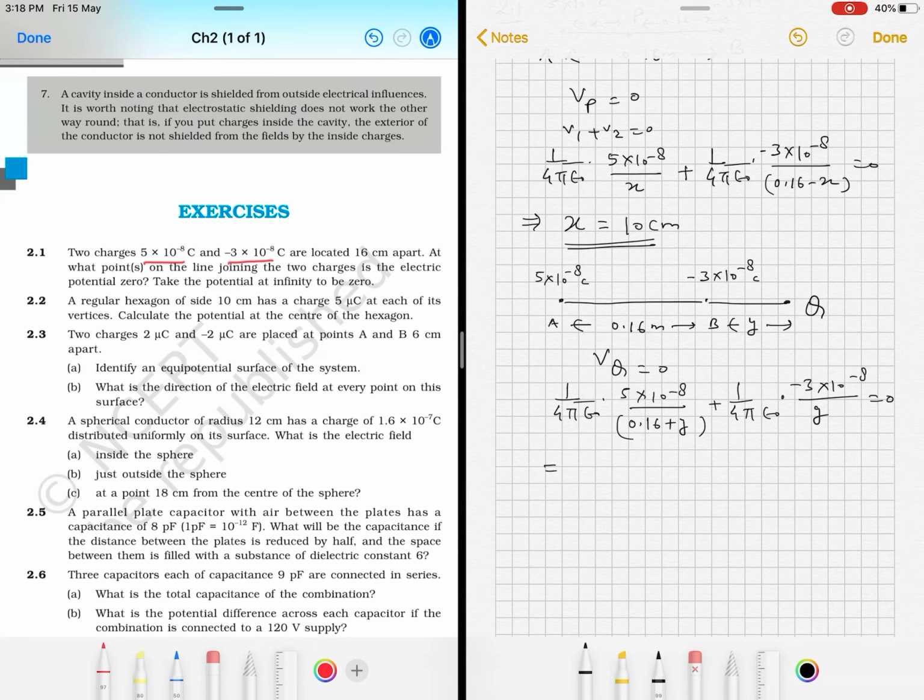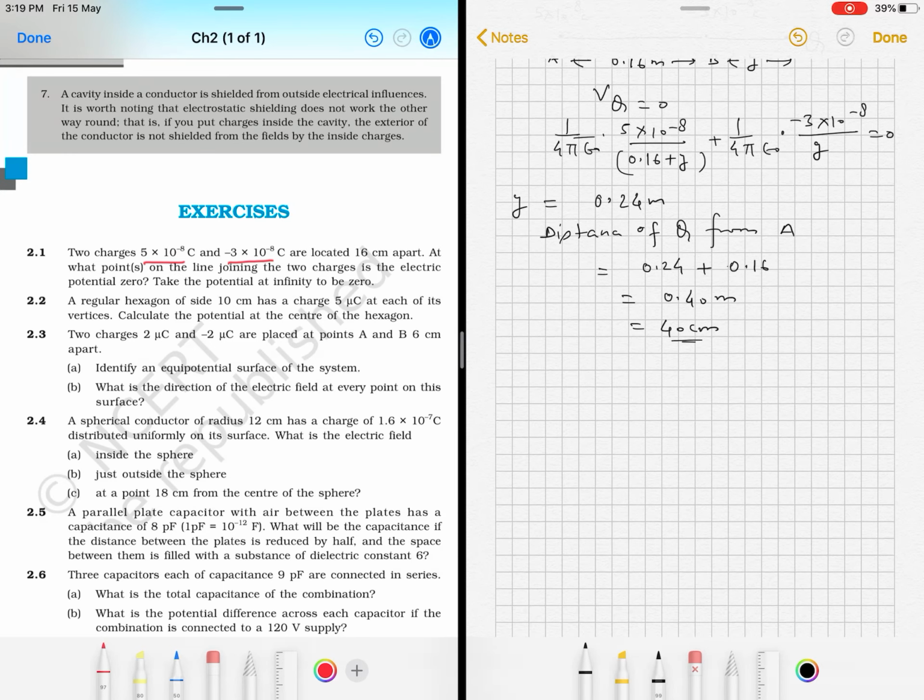When it is solved, you will get y equal to 0.24 meter. So the distance of Q from A will be 0.24 plus 0.16, so it is 0.40 meter or 40 centimeter.